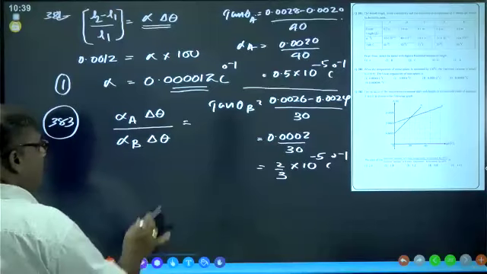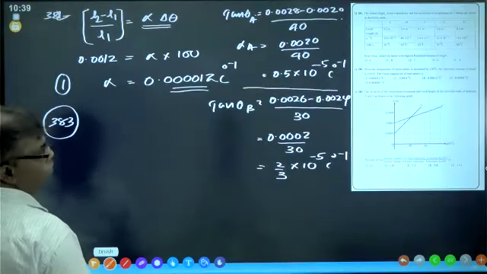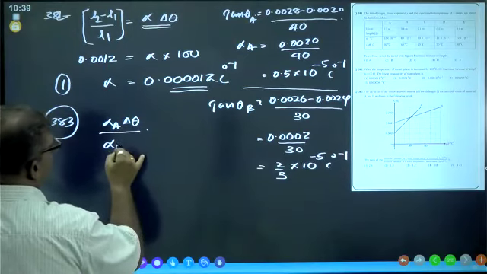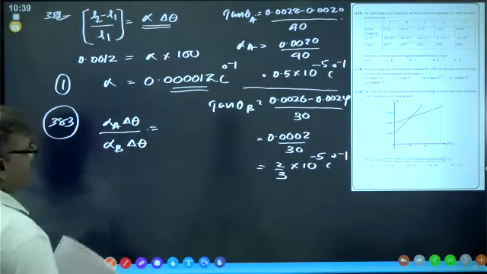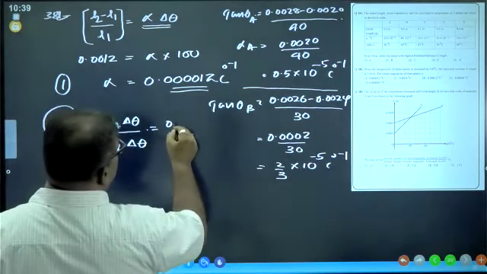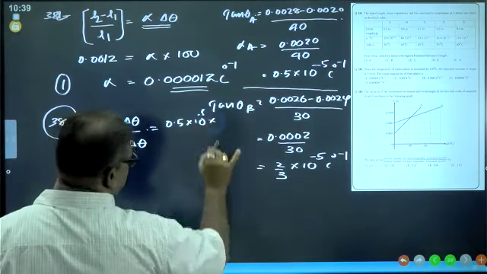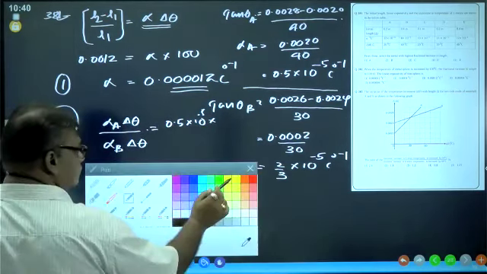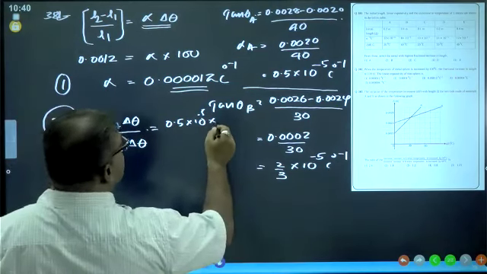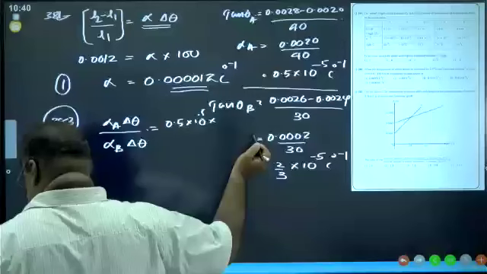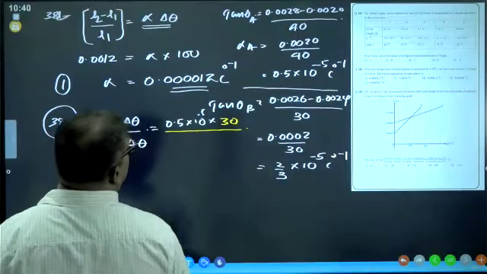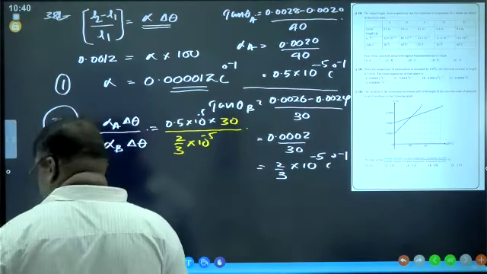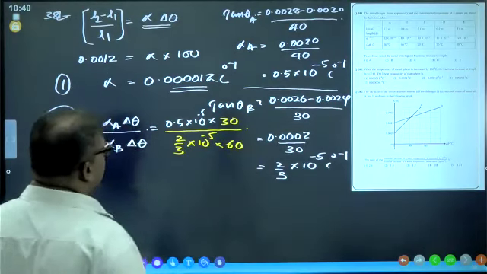Now we have to consider alpha A delta theta divided by alpha B delta theta. Can I have the values? Alpha A is 0.5 into 10 to the power minus 5, multiplied by the temperature increase for material A, 30, divided by 2 by 3 into 10 to the power minus 5 per degree Celsius, multiplied by 60. Right, done.